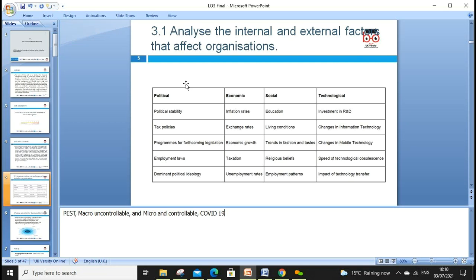Of course, government policy will be external. So what do you think? Like any tax or any furlough scheme or any other scheme which is beneficial to your organization?